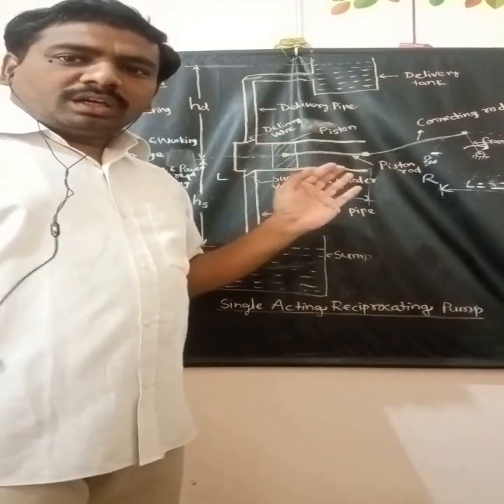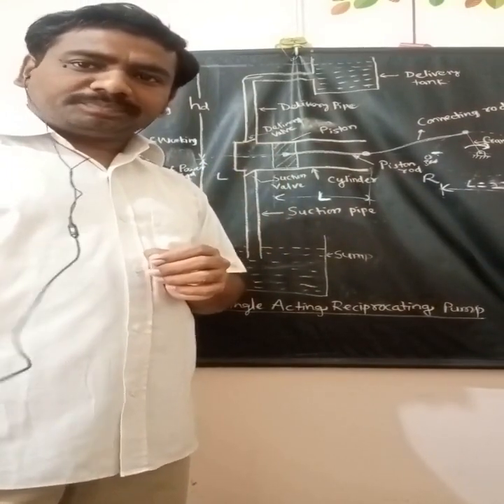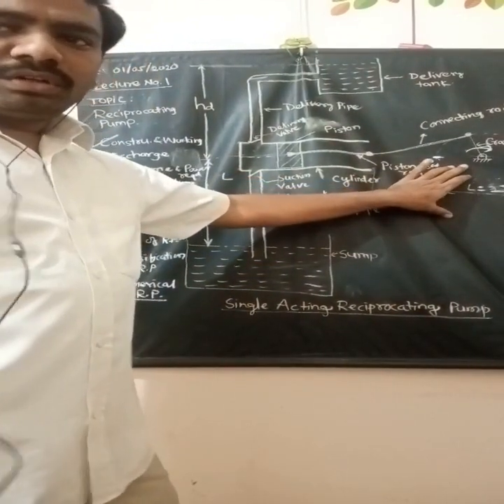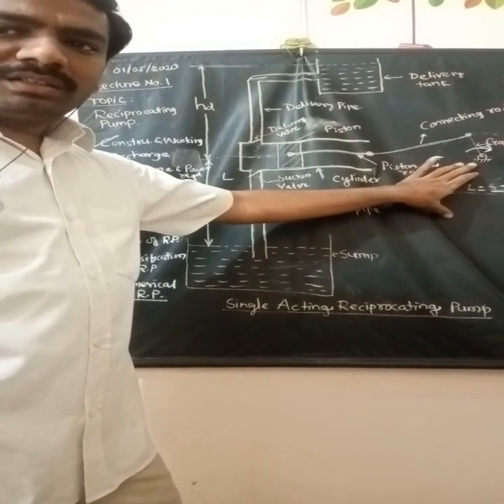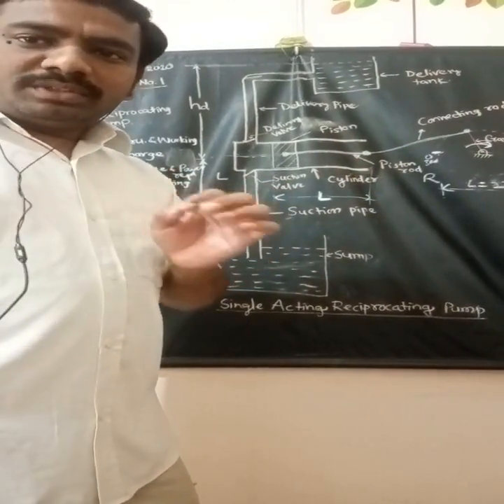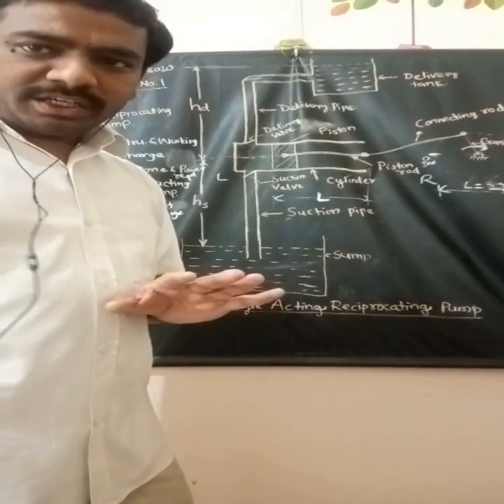Now we will see in detail the working of the reciprocating pump. We are supplying the electric motor to the crank. As you know, a pump is a device which is used to convert mechanical energy into hydraulic energy.